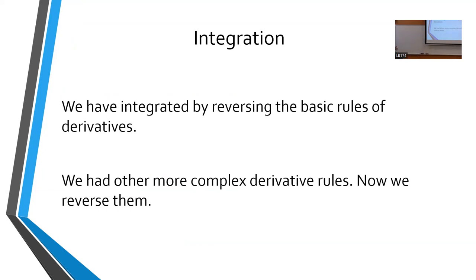And if you remember, the way we did integration, or I hope the way you did integration, was that you reversed the rules of taking a derivative. We were finding the antiderivative. We were reversing the derivative. Well, if you remember, there were more complicated derivative rules, like the chain rule of derivatives, and the product rule of derivatives, and the quotient rule of derivatives.